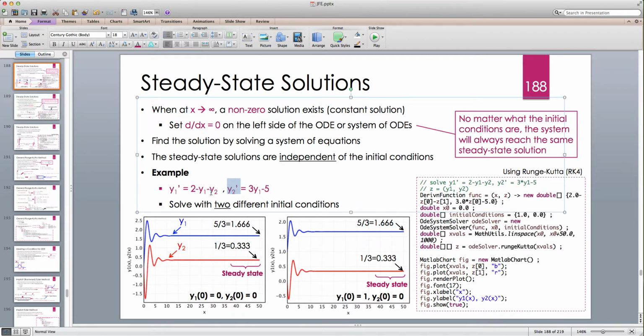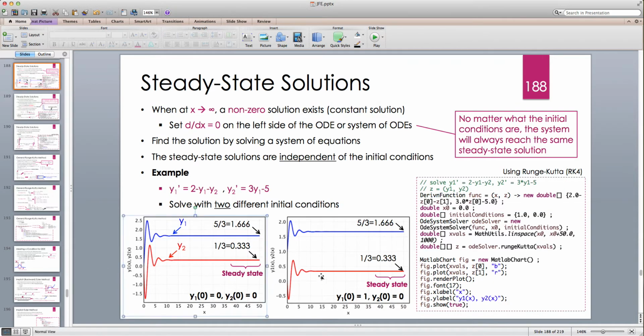And then we put it in the next equation. 2 minus y1 minus y2 is equal to 0, and y1 is already 5 over 3, so y2 becomes 1 over 3, 0.333. So this system of differential equations does in fact have a steady state solution, a constant solution after a very long interval for the x variable.